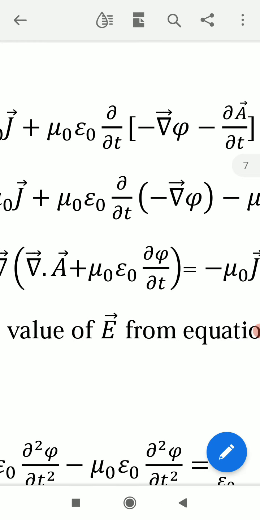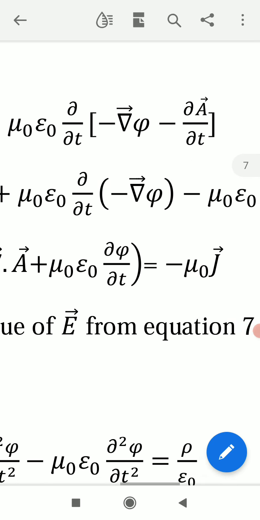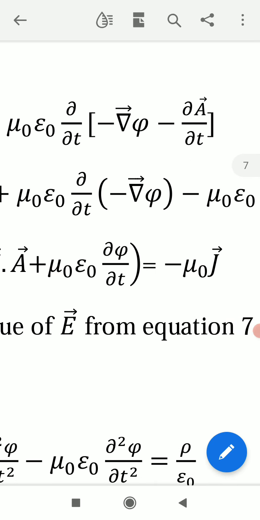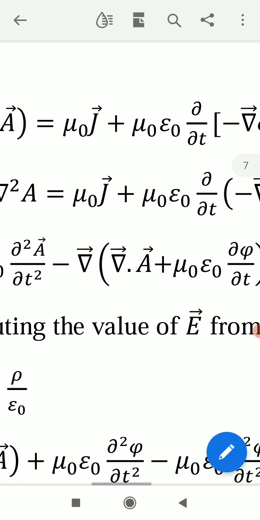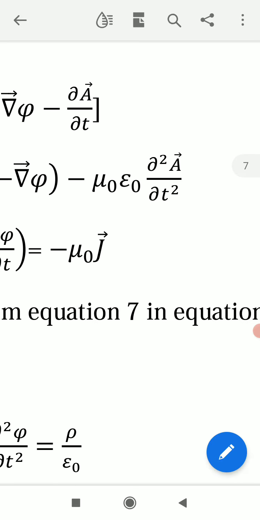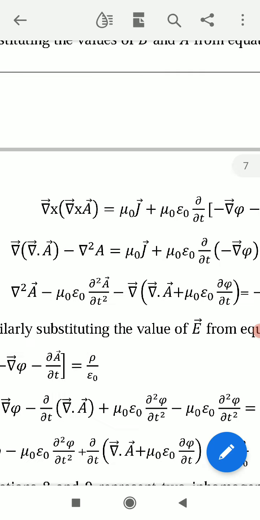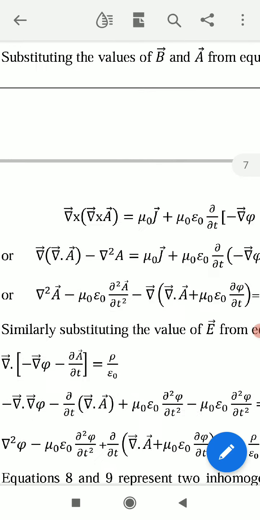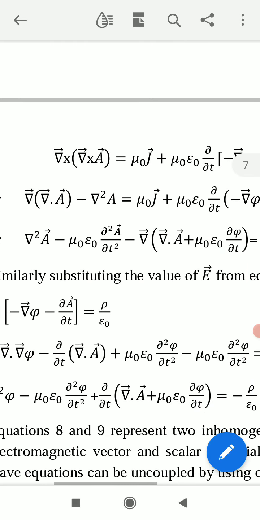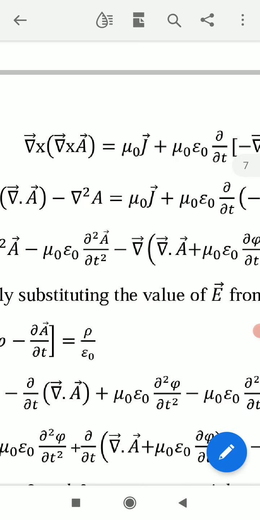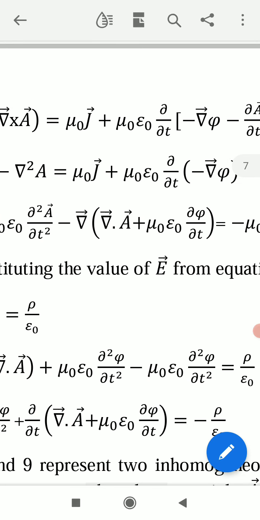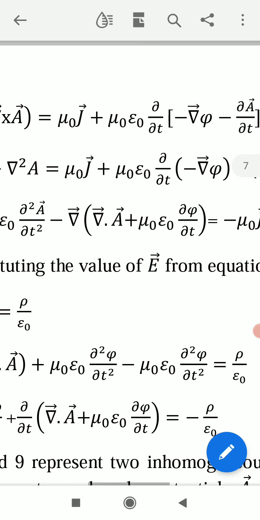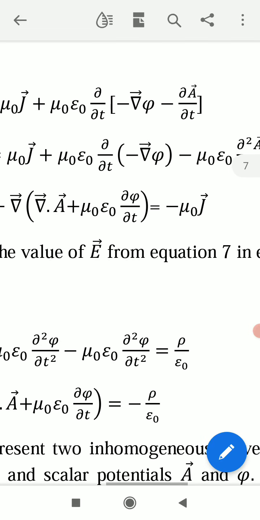Then the remaining term is mu 0 epsilon 0 delta phi upon delta T. And this term mu 0 J is taken to left hand side, so it becomes minus mu 0 J. So we write this equation as del square A minus mu 0 epsilon 0 d2A upon dt square minus del of del dot A plus mu 0 epsilon 0 delta phi upon delta t equal to mu 0 J vector.